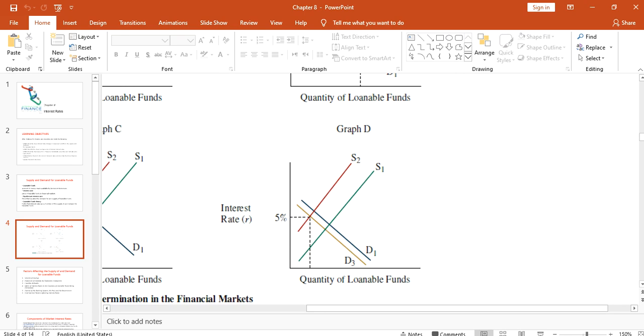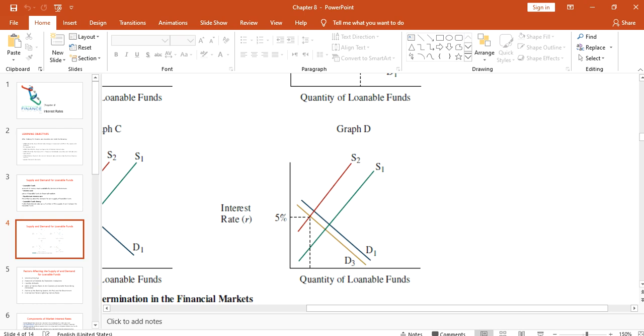Now, if supply decreases, and demand also decreases, shifts to the left, but not by the amount that the supply decreases. It's less.